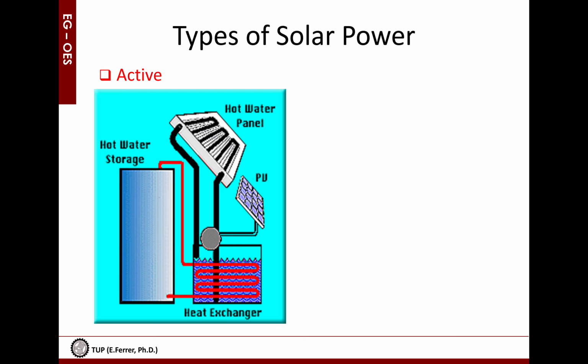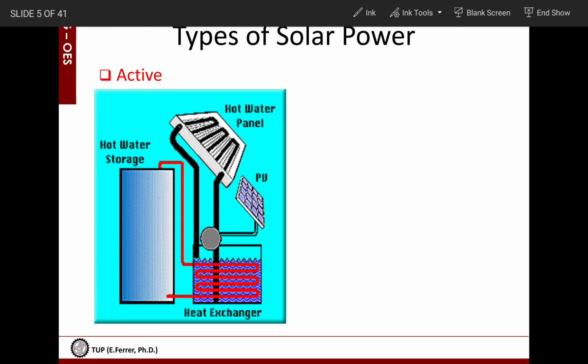And then we have here the types of solar power. We have an active type. In the active, you have a hot water panel, and then you have a piping system. You have a heat exchanger, and then you have a hot water storage here.